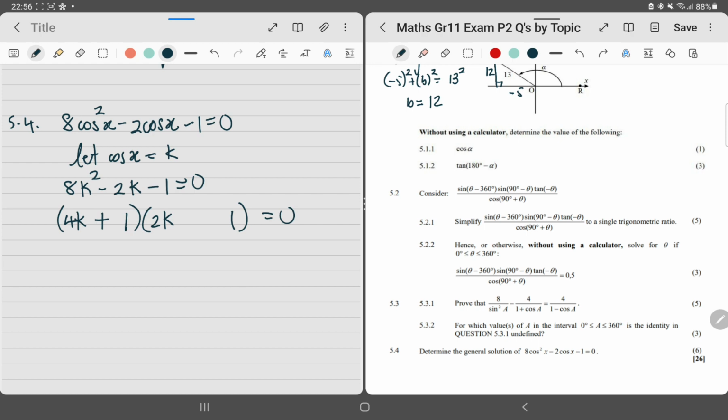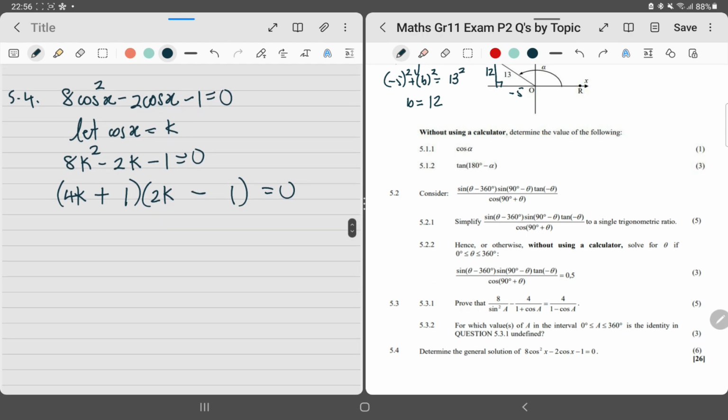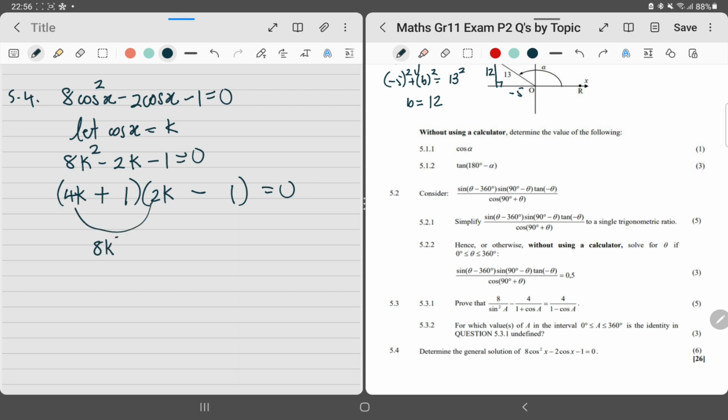The other is plus, so that's a negative. So this times that, it's 8k squared. 4 times that, it's minus 4k. This times that's plus 2k, that times 1. So yeah, these are correct.